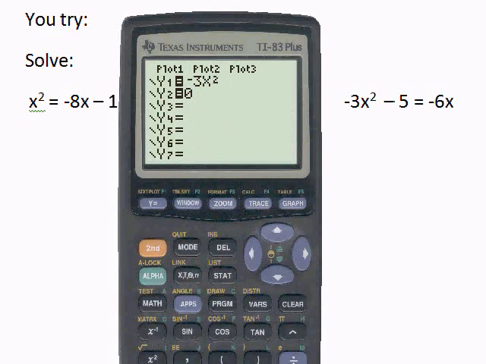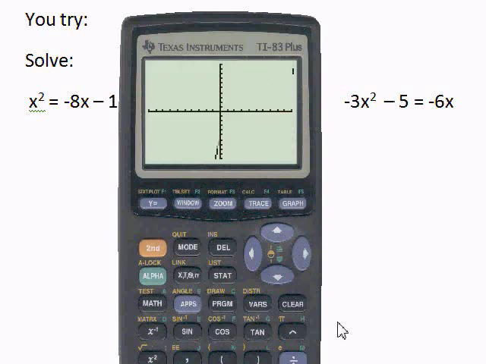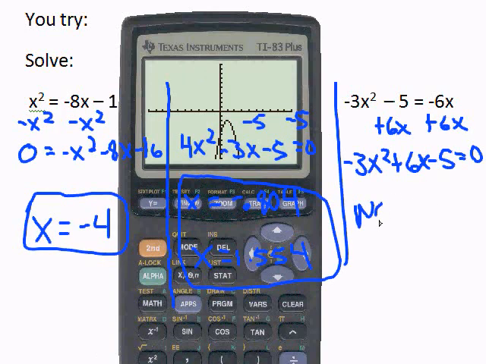So negative 3x squared plus 6x minus 5, and you graph. Notice the graph never actually crosses the x-axis. So for that last one, we say that there is no real solution.